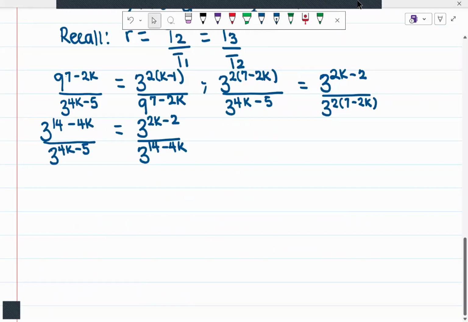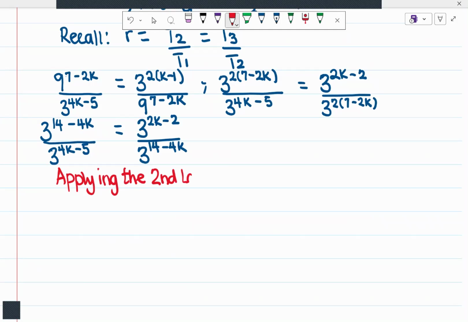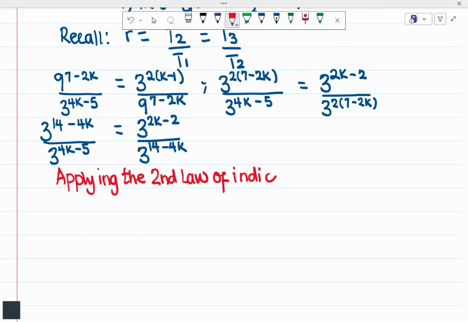Let me apply the second law of indices. We state a raised to power m over a raised to power n is equal to a raised to power m minus n, to both sides.